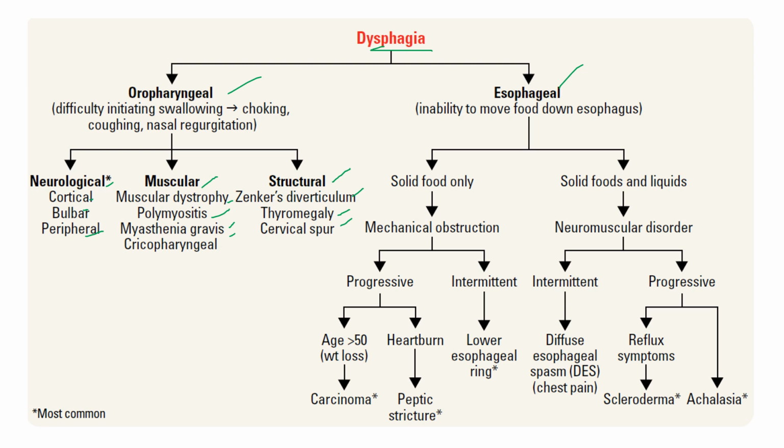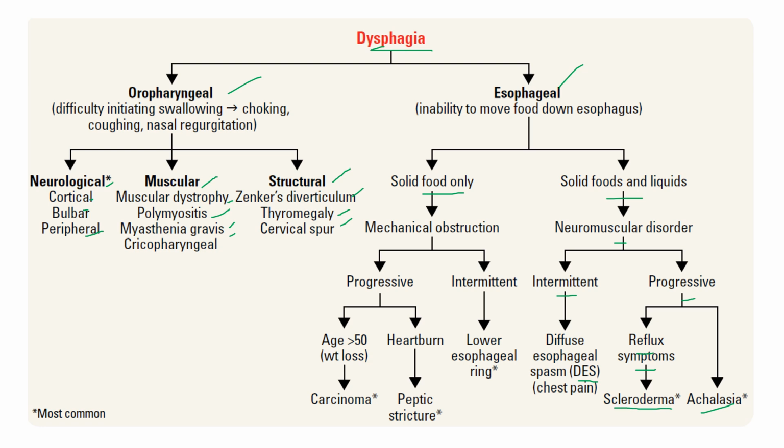Esophageal problems can be differentiated based on the nature of dysphagia, whether it is only to solid food or both solid and liquid. If it's both solid and liquid, it can be a neuromuscular disorder. If it is intermittent, it's called diffuse esophageal spasm. If it is progressive, it's called achalasia. And reflux symptoms predominate in scleroderma.